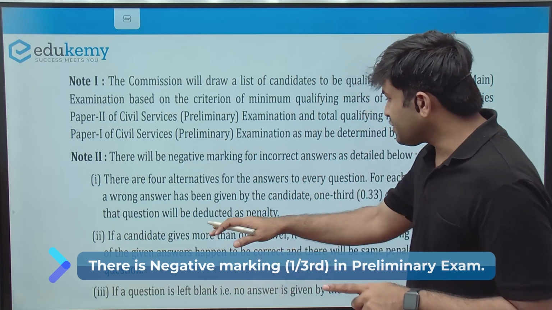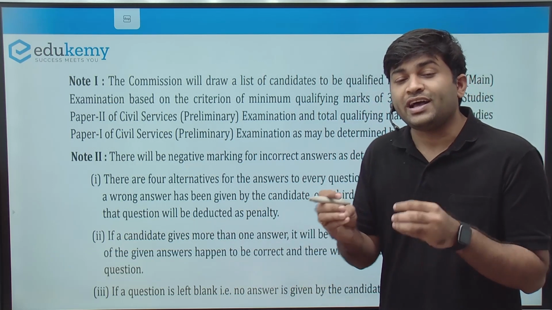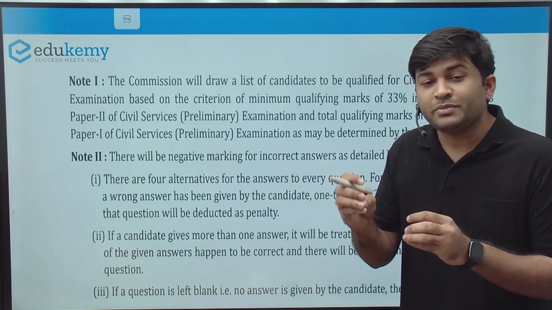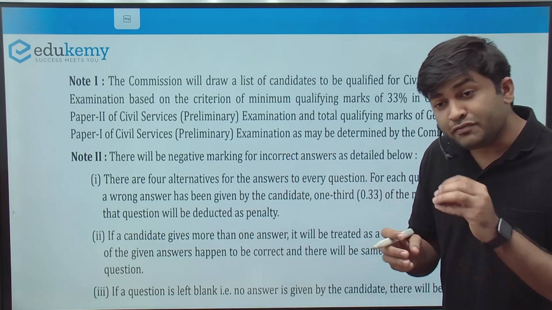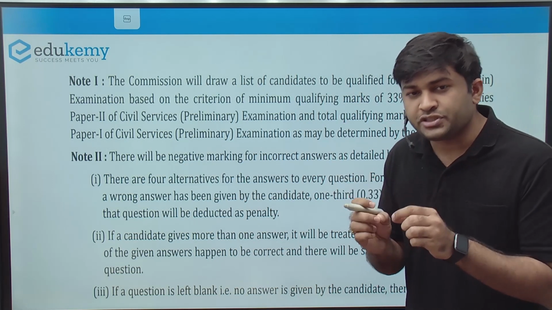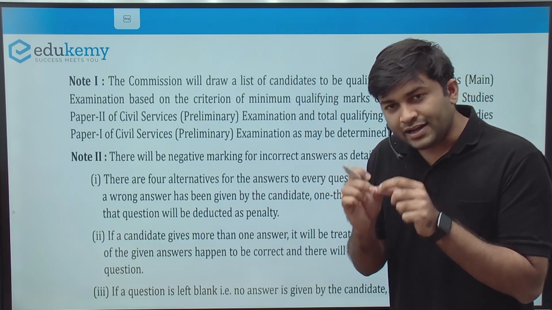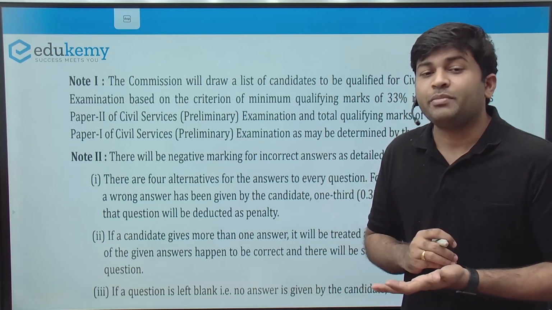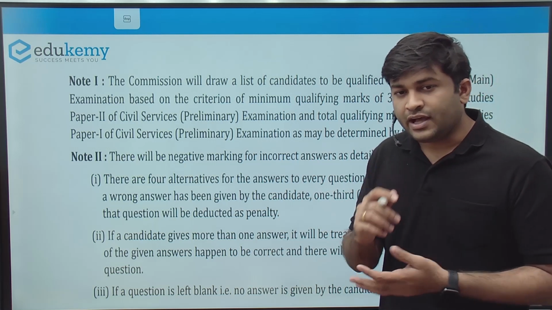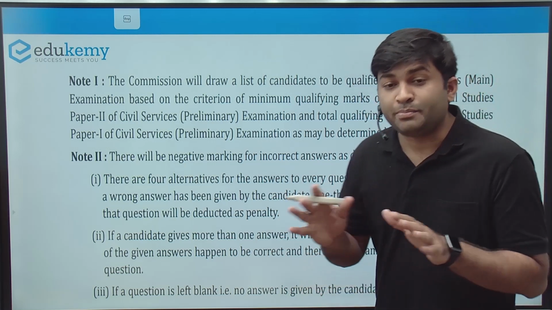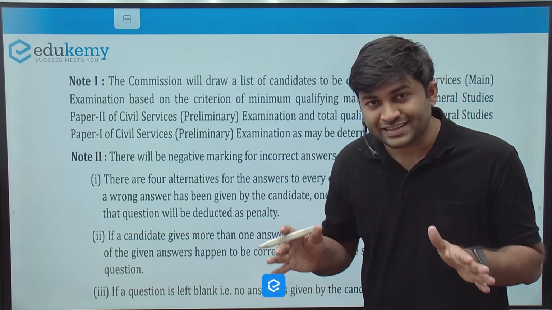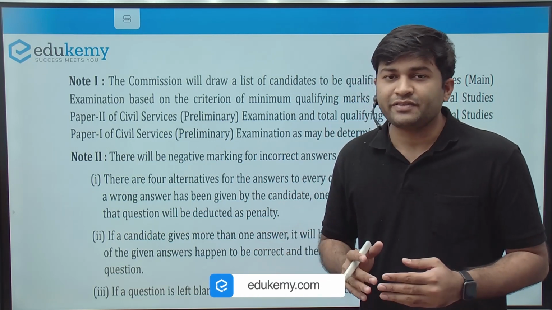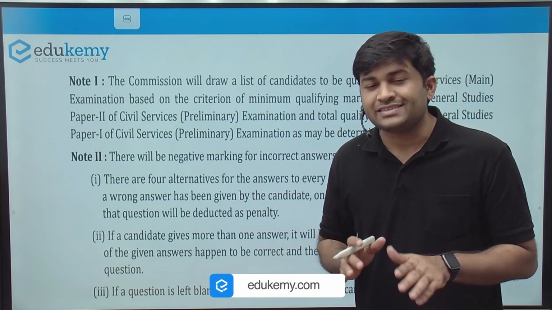Also, if a candidate gives more than one answer to a question, it will be treated as a wrong answer. Even if one of the options is correct, he or she still gets a penalty for that answer. Now if a question is left blank and no answer is given, that will not be treated as a penalty.